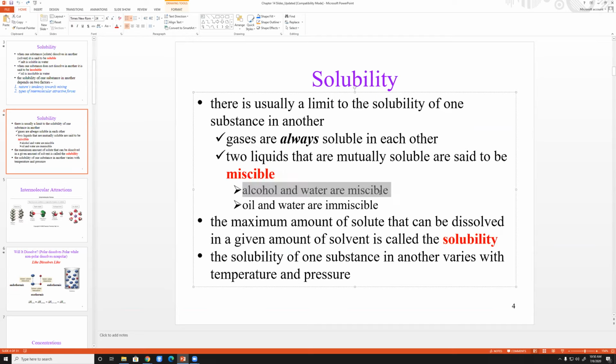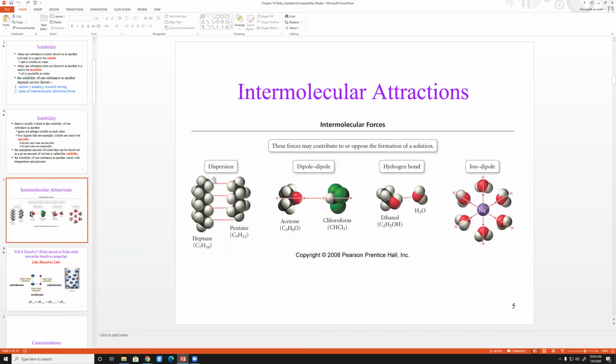Alcohol and water are pretty miscible. Oil and water are immiscible because they have different intermolecular forces, and something that only partakes in dispersion forces is not going to have a strong interaction, or an interaction at all, with a dipole, such as water, or a hydrogen bond, such as water.